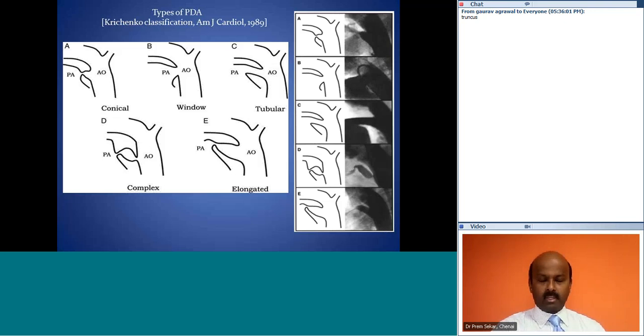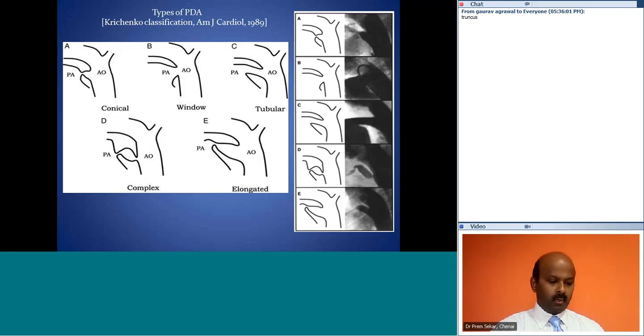The histopathology of the ductal wall shows an intima that is thicker, a media with a single layered elastic lamina, and variable amount of mucoid material, and the specific arrangement of the smooth muscle cells in the form of a spiral arrangement rather than the circumferential arrangement that you see in the aorta and the pulmonary artery wall tissue.